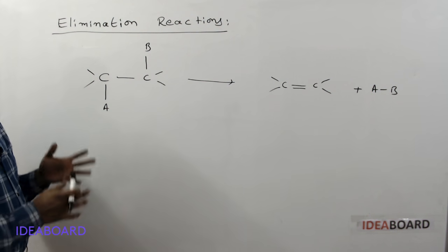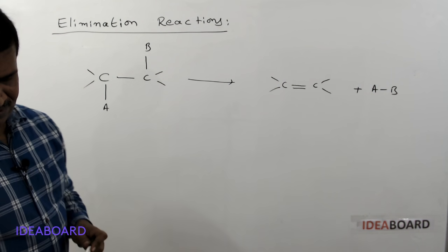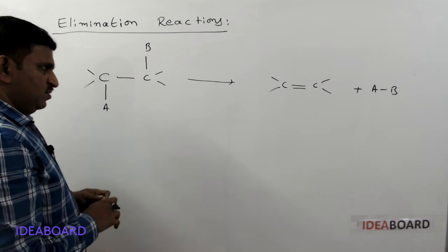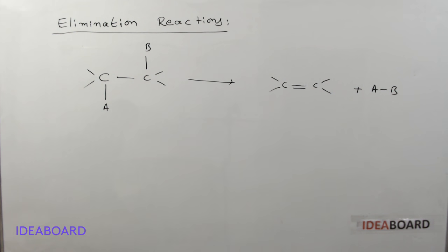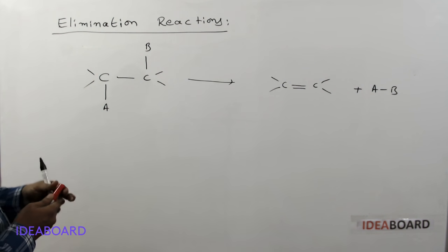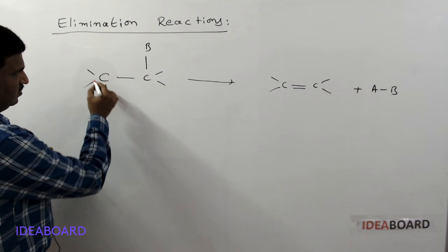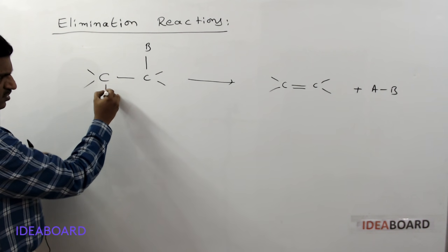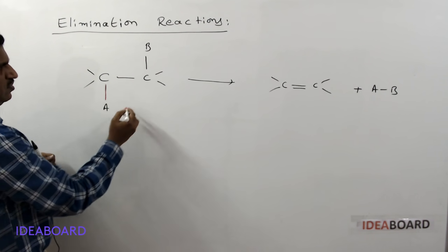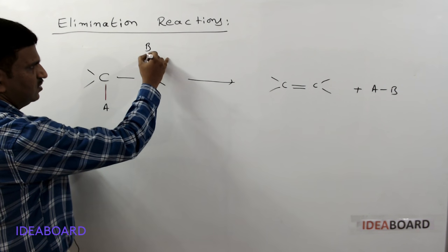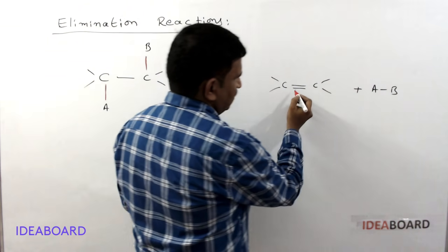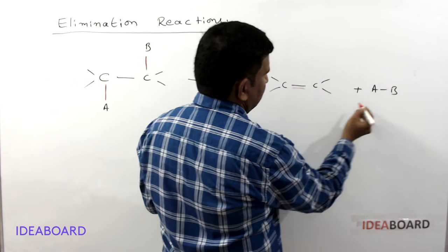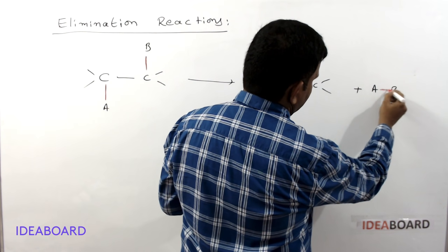Tell me, is this an exothermic or an endothermic reaction? How can we say whether it is exothermic or endothermic? We check what types of bonds are present in the reactant and the product. The remaining bonds are old bonds only, with no change. But here an old bond is dissociated, this is also an old bond dissociated, and here new bonds are formed.